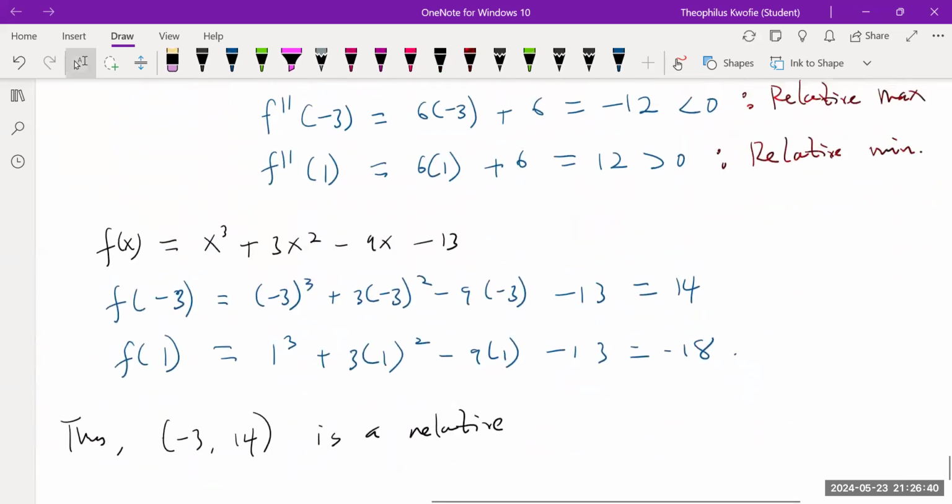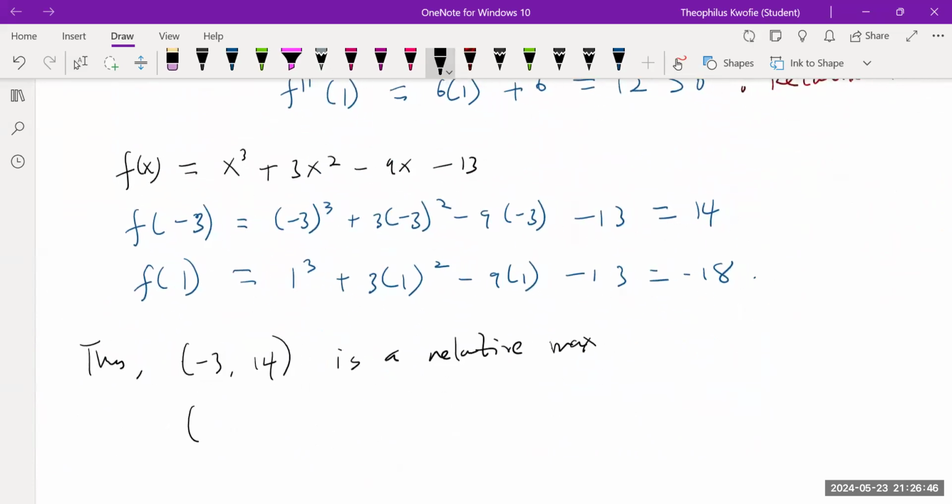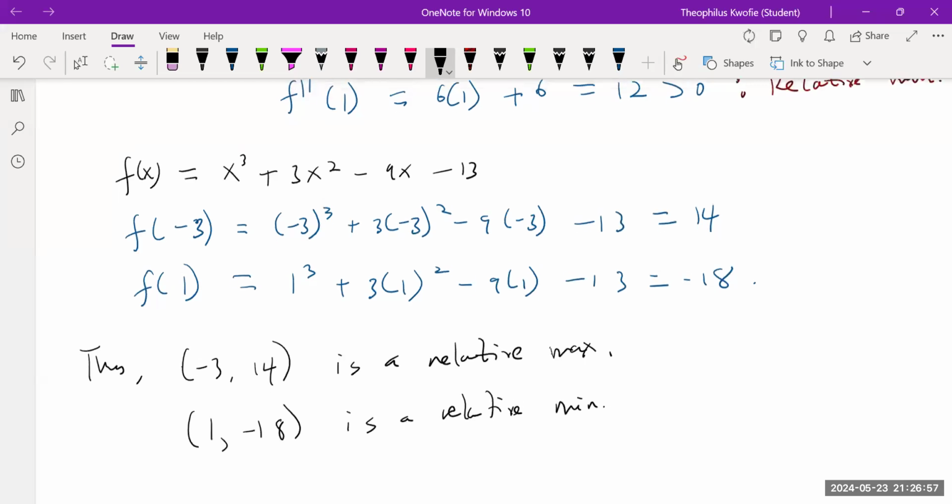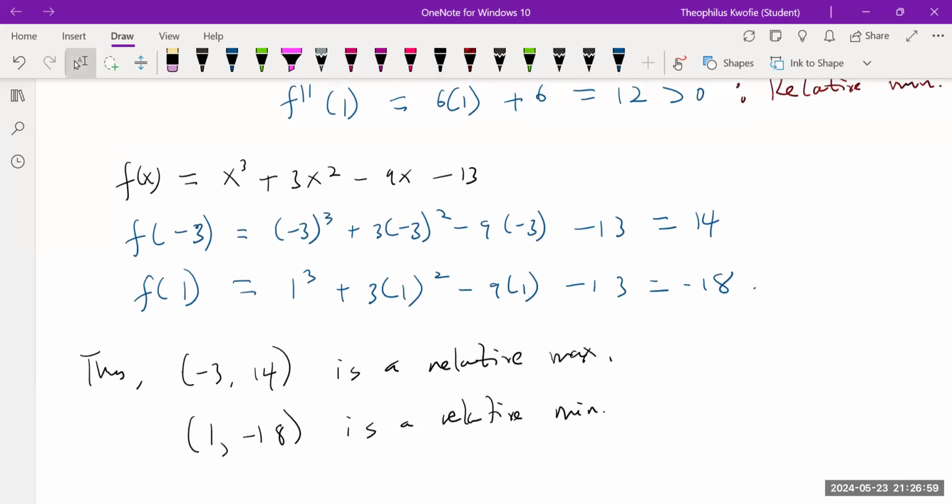So we say that the point -3, 14 is a relative maximum, and the point 1, -18 is a relative minimum. So let's take note of that. This is also important. So please, let's take note of that. All right. So this is the way we solve this particular problem.